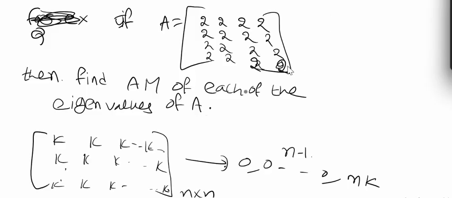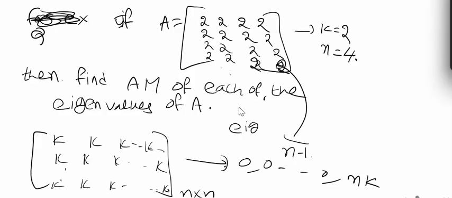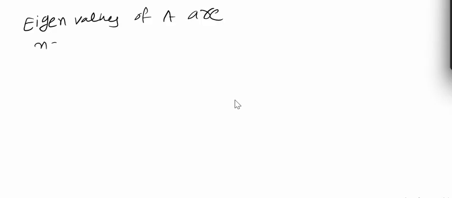Now your k is 2, and the order is 4 by 4. So what are the eigenvalues of A? Here n is 4 and k is 2.